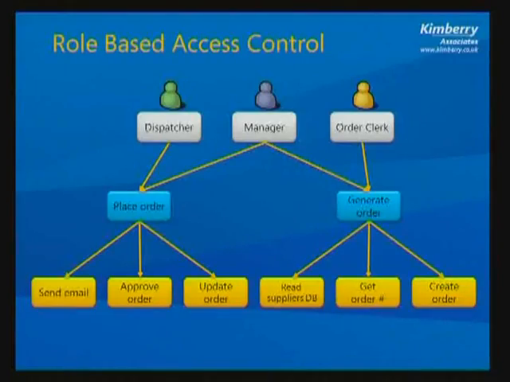The operations: when the web developer is going to check if someone's allowed to do something, they want to check the access on one of those operations. Then we build those into tasks. Then we've got roles. The dispatcher is allowed to send an email, approve an order, update an order, and of course the manager can do the whole lot.